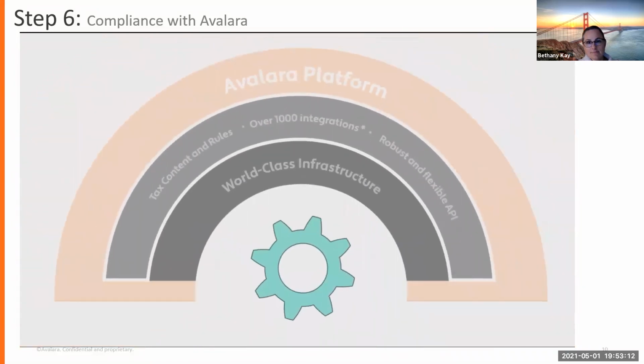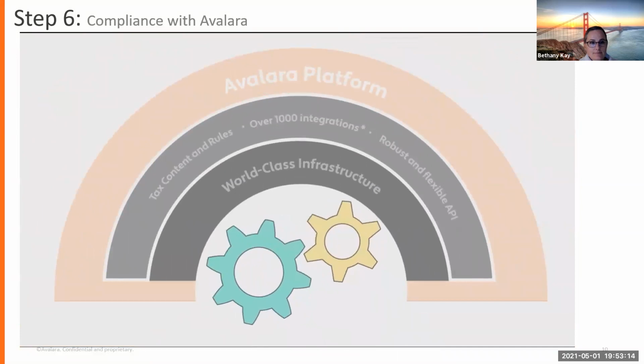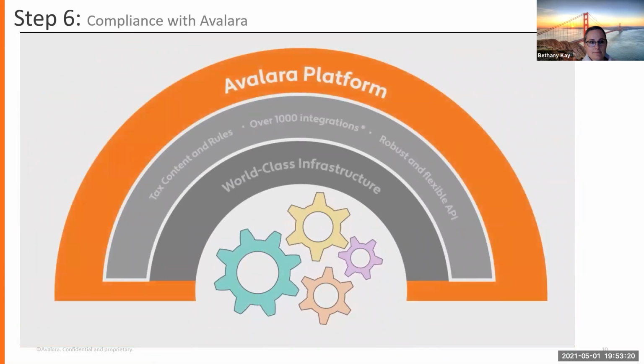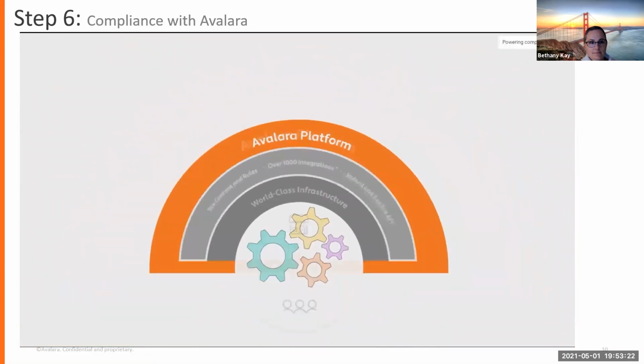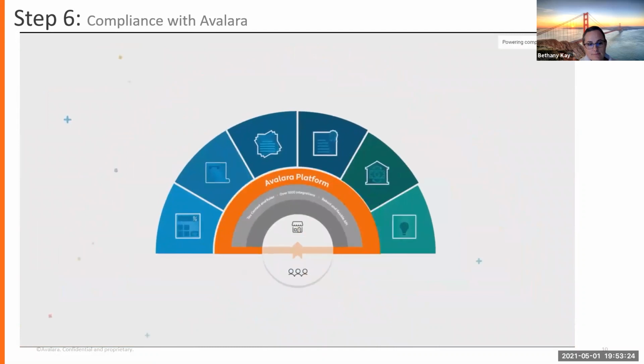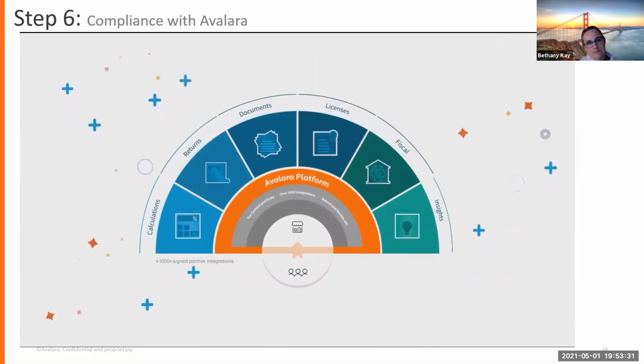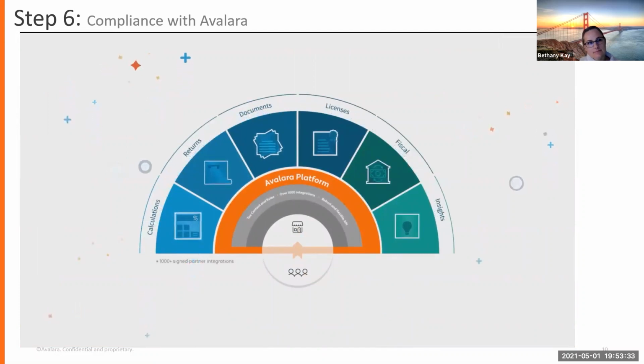Our vast tax content database, secure and reliable infrastructure, robust API, and 1,000 plus integrations is what we call the Avalara platform, and is the engine that powers the Avalara Tax Compliance Cloud, the solutions our customers depend on every day. This suite is made up of 6 product categories. These are the categories of products under which many solutions may live.